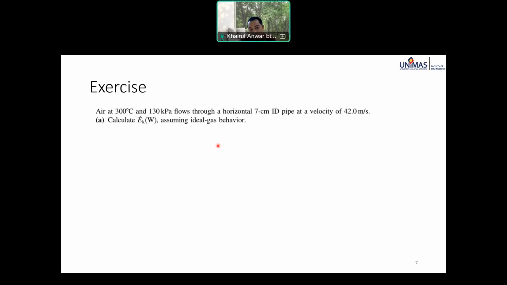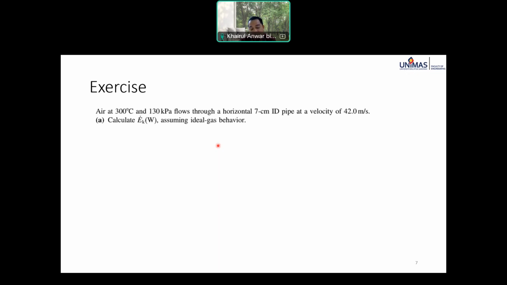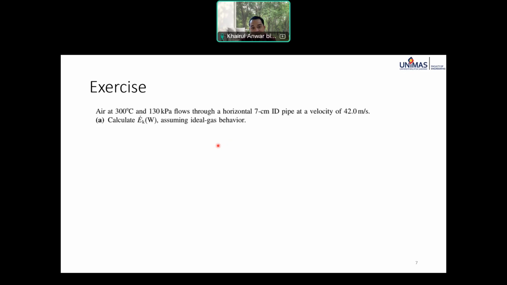So to identify the mass flow rate or volumetric flow rate or any flow rate depends on the units. You need to find the volumetric flow rate.